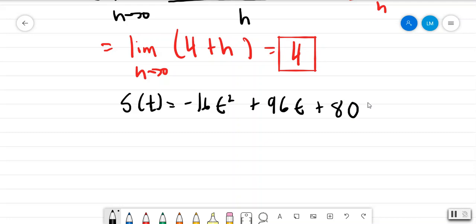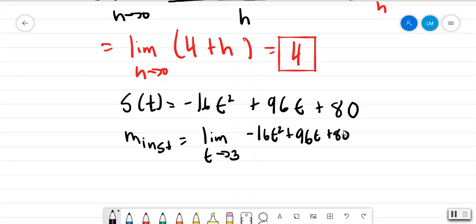So, for example, if you wanted to find the instantaneous rate of change at 3, technically you would be looking for the limit as t approaches 3 of negative 16t squared plus 96t plus 80, minus whatever the height is when you plug in 3, and note that this is divided by t minus 3.